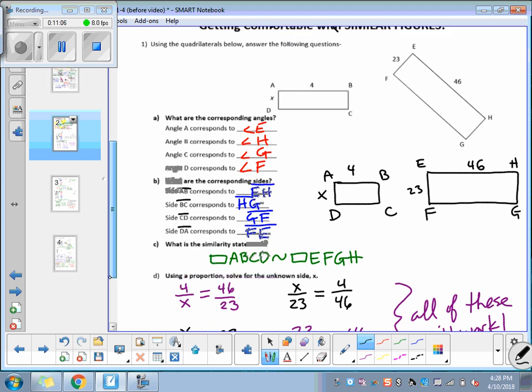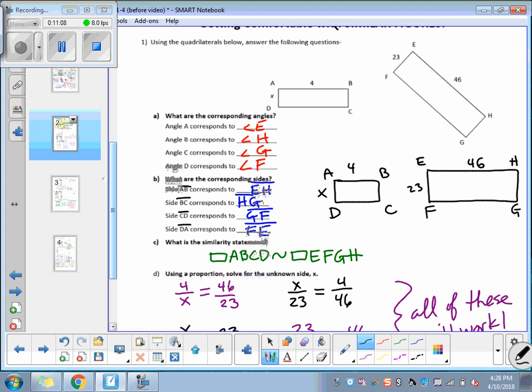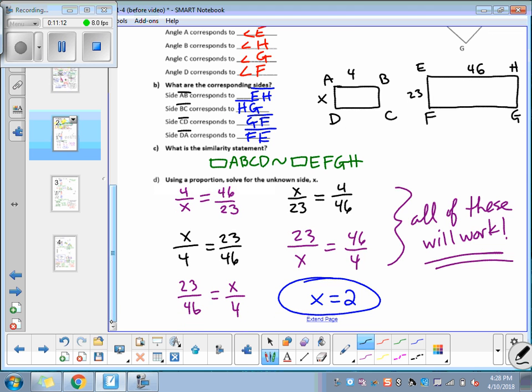Now, for this one, a lot of the answers were already filled in for you. And I just kind of wanted to explain real quick now what I mean that all of these will work. I'm going to color code the corresponding sides. 4 goes with the 46. And X goes with the 23.